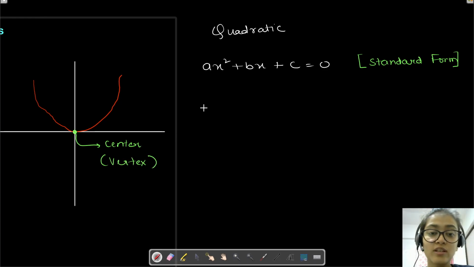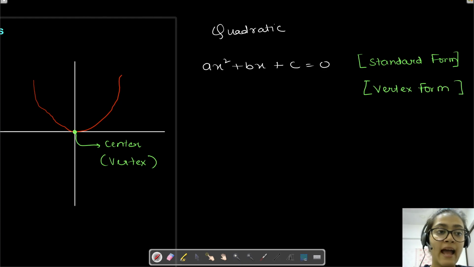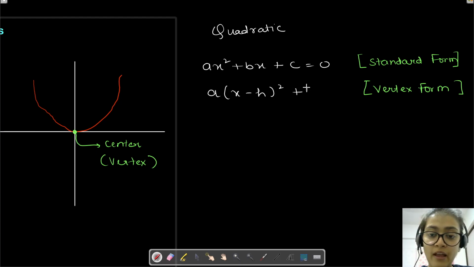So if I ask you the coordinates of this vertex, just by looking at the equation, we cannot tell that. In order to tell the coordinates of the vertex, we need to convert this quadratic equation from standard form to vertex form. And the vertex form is given by a times (x minus h) whole squared plus k equals 0.